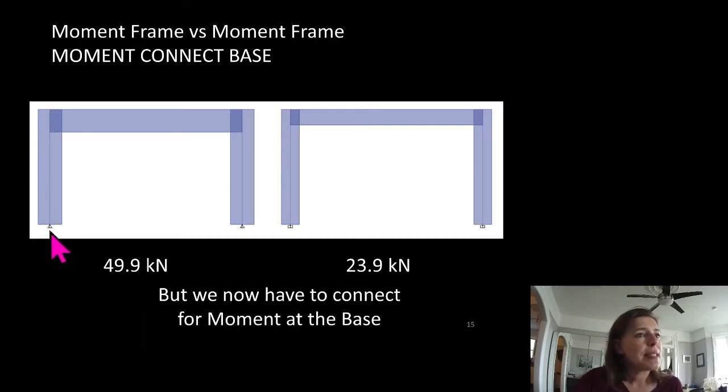Let's take a look at this. I've run the same system where I put a pin here, so this is what we had just done. This time I moment connected this to the ground. Great! Look at this. I've made it work for strength and stiffness, and I've reduced my steel tonnage almost by a half. So great, problem solved. Let's always do that. Except that moment has to go somewhere.